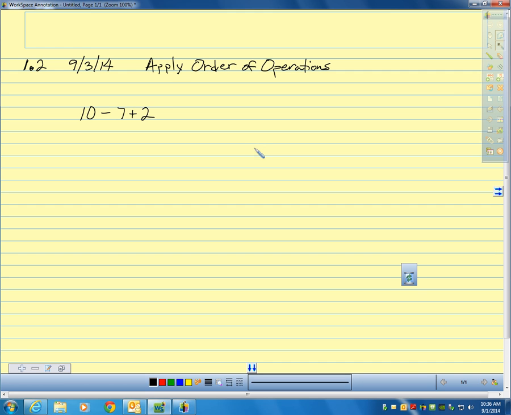And I want you to think about this for a minute. Does the order matter? Well, let's do it in a couple different ways. First of all, I'm just going to work it out from left to right. And 10 minus 7 would be 3, so I'm going to write this down again. These two give me 3, plus I have a 2, and if I work it out that way, I get 5.